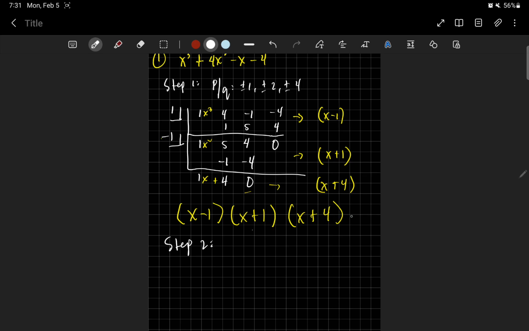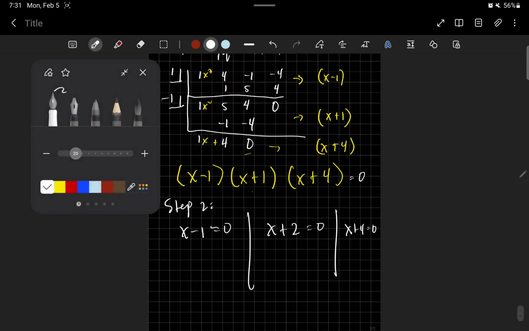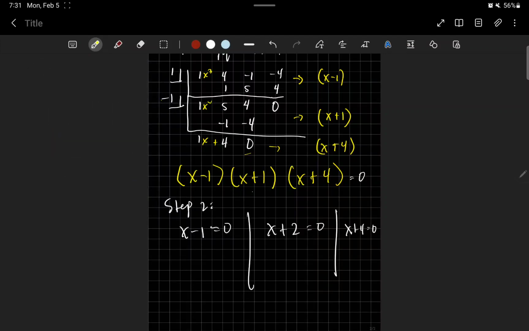So, meaning, all of our factored forms, we equate to 0. So, x minus 1 is equal to 0, x plus 1 is equal to 0, and x plus 4 is equal to 0. Why do we equate it to 0? Because in step 2, we are letting y is equal to 0.